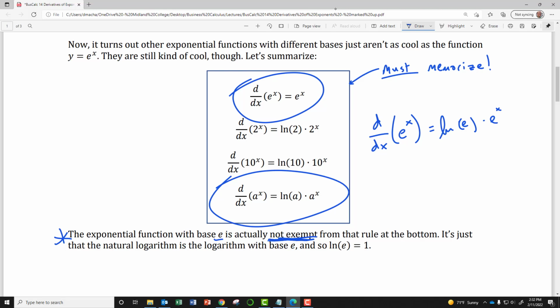But then I want to point out that natural log of anything is actually referring to the logarithm with base e. And so if I take the logarithm of base e of e itself, that's just the number 1. And so this simplifies to 1 times e to the x, which is then just e to the x.